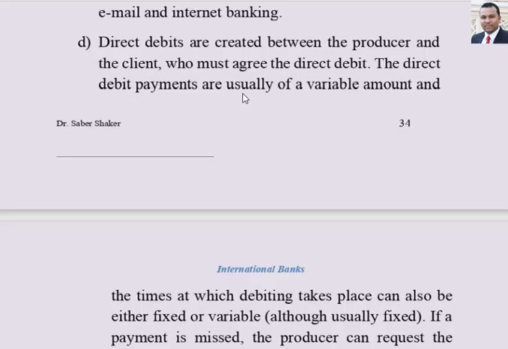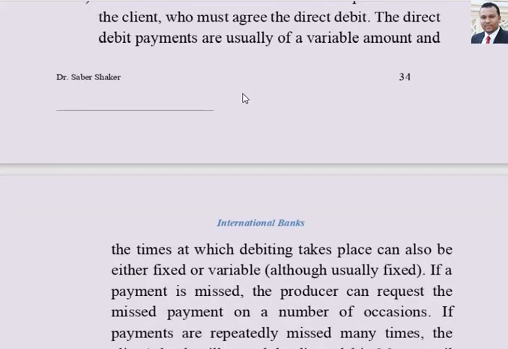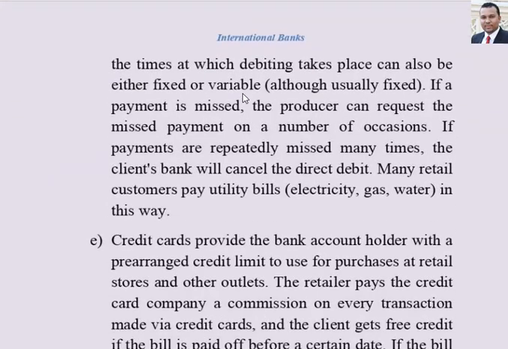Direct debits. Direct debits create a relationship between the producer and the client, so the client agrees to the direct debit. Direct debit is usually a variable amount, and the times at which the debiting takes place can also be fixed or variable.